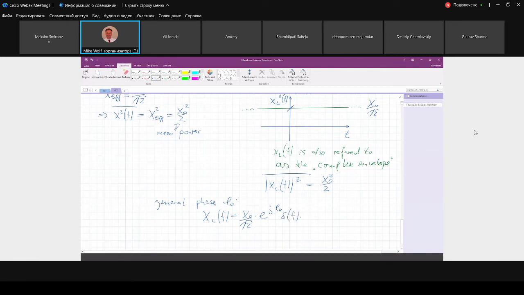And what is it in the time domain? For a general phase, x_L(t) is equal to x_0 over the square root of 2 times e to the power of j phi_0. Depending on this phi_0, sometimes we get a real signal for a cosine wave, sometimes we get an imaginary value for a sine wave.